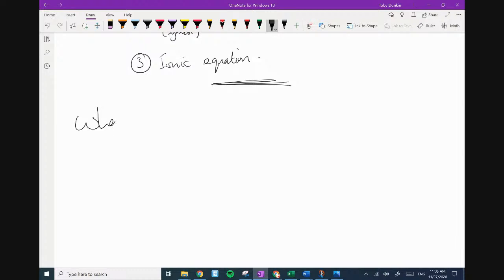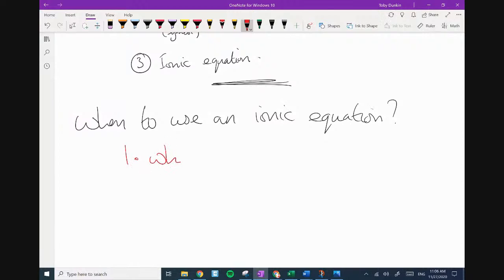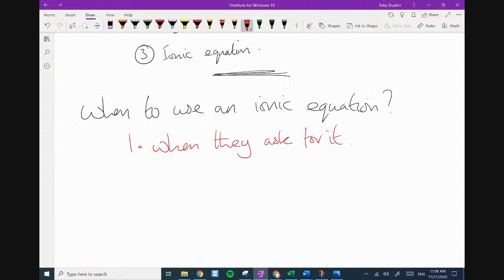First question: when to use an ionic equation? Answer, number one, when they ask. I know that sounds funny. In the question it says, write an ionic equation.